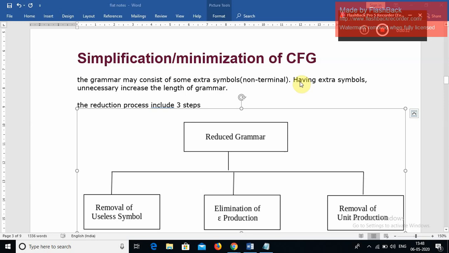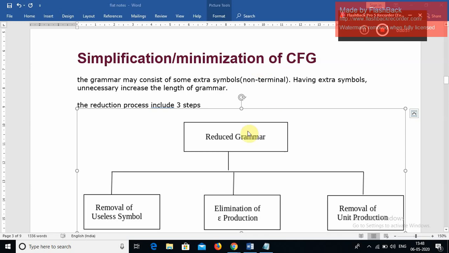Generally the grammar has to be processed by compilers and all, so it may increase the length of the grammar. For that reason we have to reduce the grammar we have. That is simply called simplification or minimization of a context-free grammar.